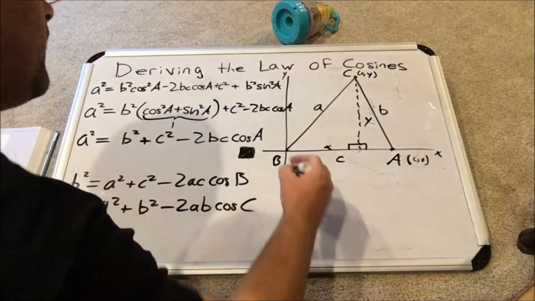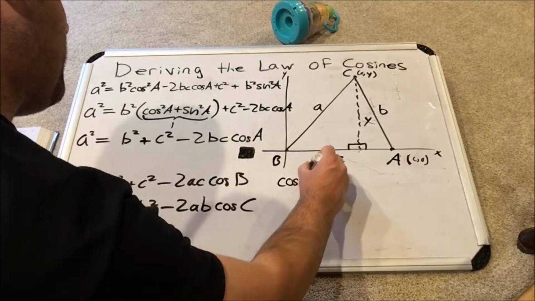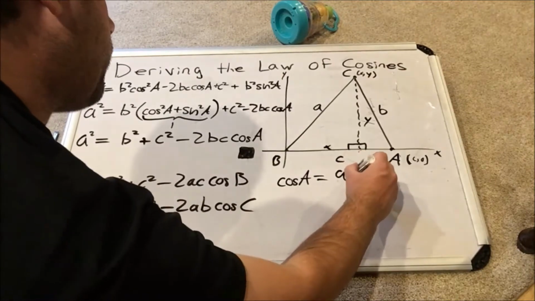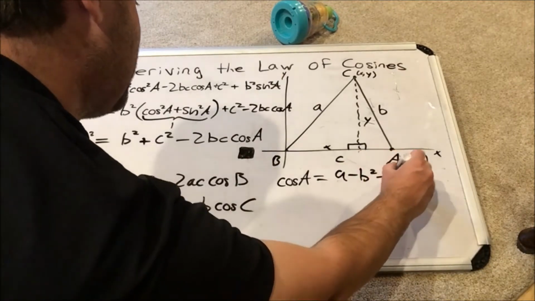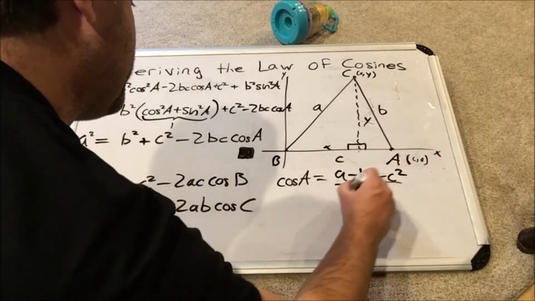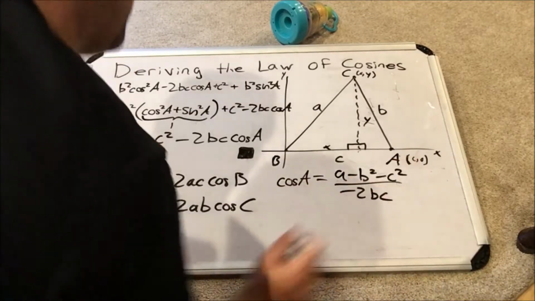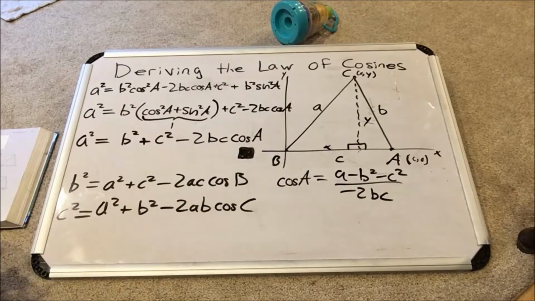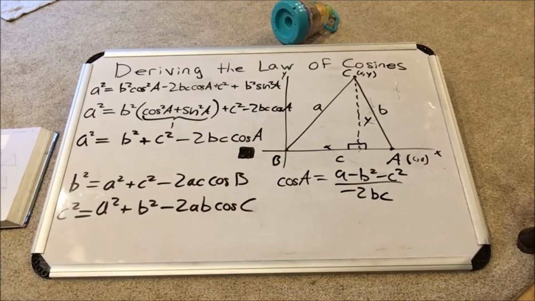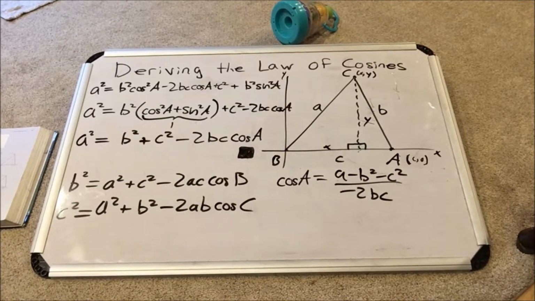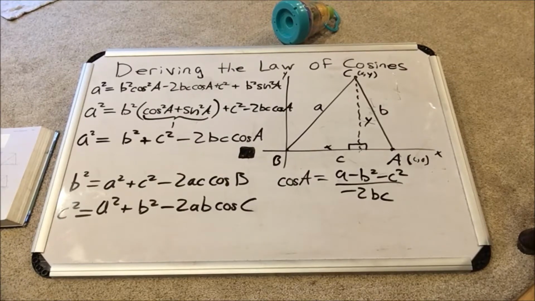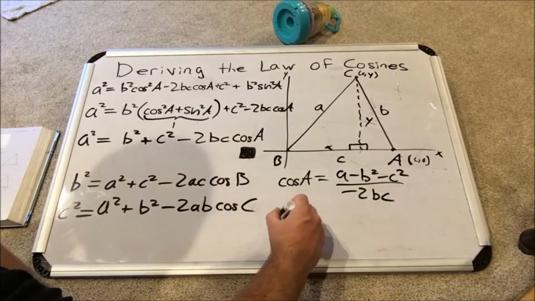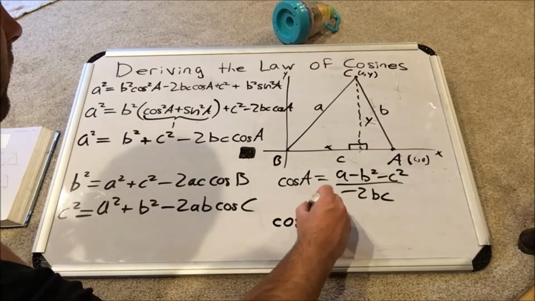For example, the formula for cosine of A equals a squared minus b squared minus c squared over negative 2bc. All I've done is subtract the b squared and the c squared to the other side and then divided by negative 2bc. The other two are derived in a similar fashion. Let's solve for cosine b using the second formula on the left.